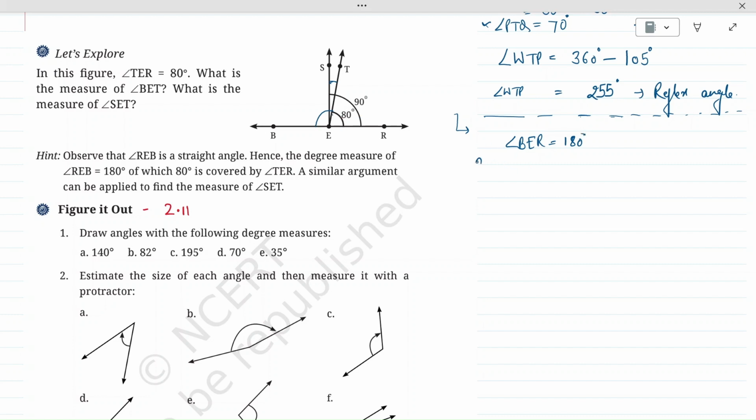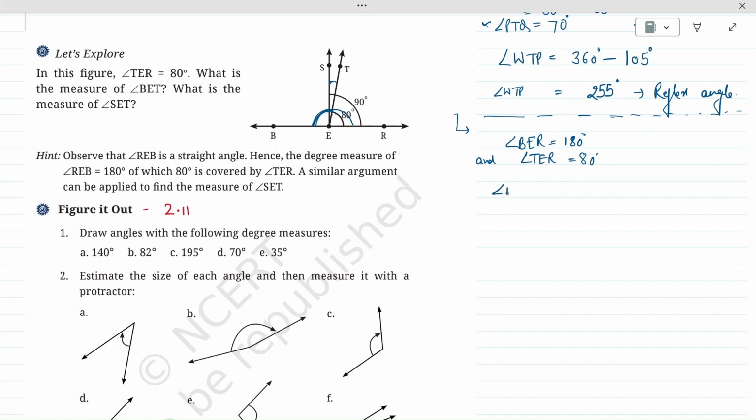And angle TER is 80 degrees. So from this complete angle, if I subtract this angle, we have only this angle remaining. That means if from angle BER I subtract angle TER, I will be left with BET, this angle.